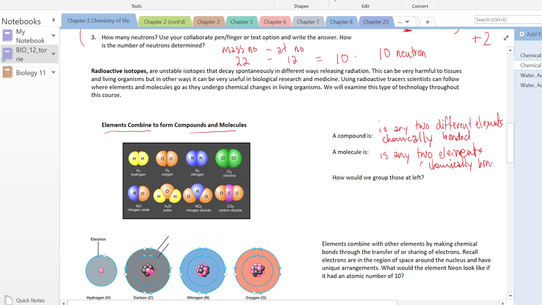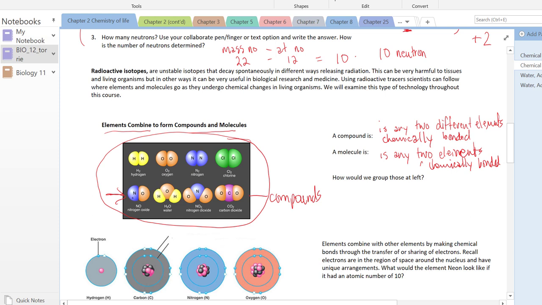Chemically bonded. So how do we see that over here? Well, if we look up here, everything here could be a molecule, but only these lower ones are compounds. And the reason being is, to be a compound, you must contain different atoms.